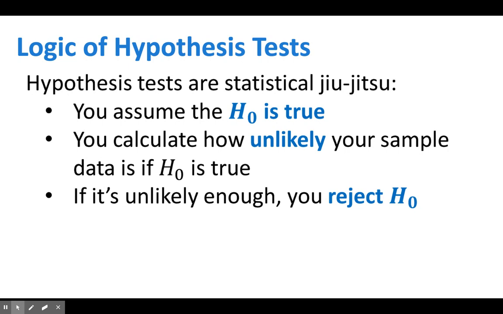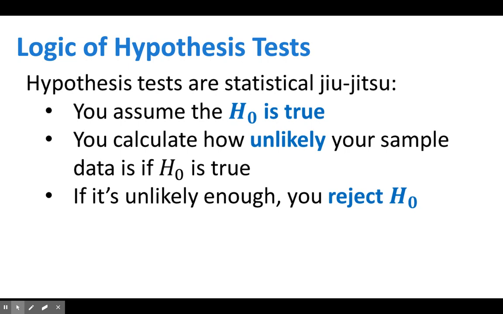Then what you do from there is you calculate how unlikely your sample data is if the null hypothesis is true. And if it's unlikely enough, you will reject your null.